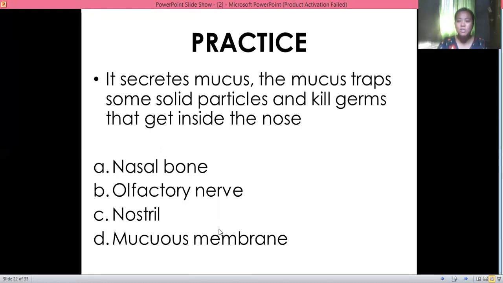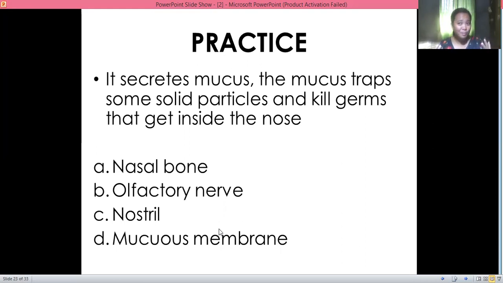Very good. Last one. It secretes mucus, and the work of the mucus is to trap the solid particles and kill the germs that get inside your nose.